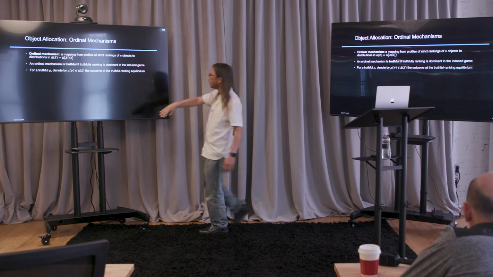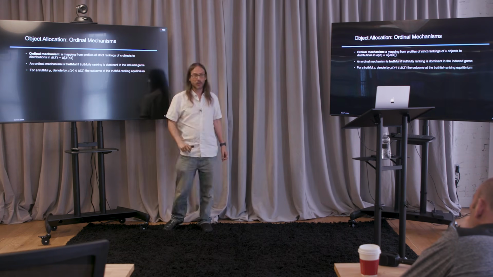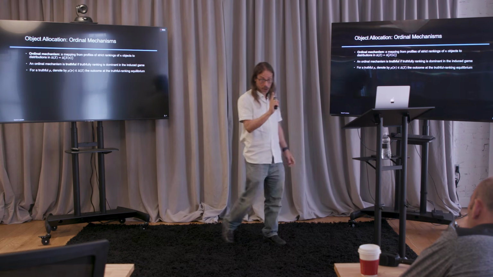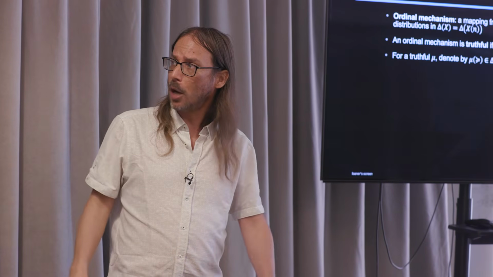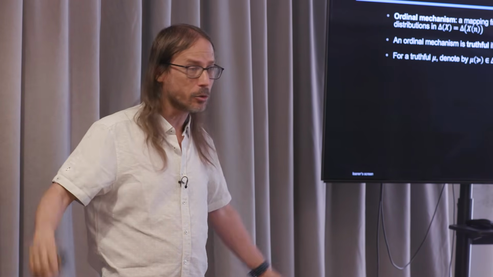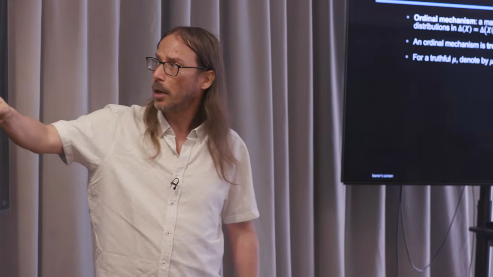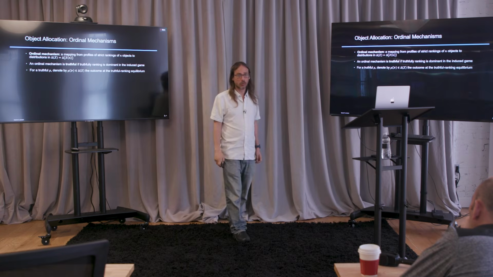We assume, I skipped that in the previous slide, everyone has strict rankings over objects. An ordinal mechanism is truthful if truthfully ranking the objects is dominant in the induced game. And for a truthful mechanism mu, we're going to denote by this the outcome at the truthful ranking equilibrium.